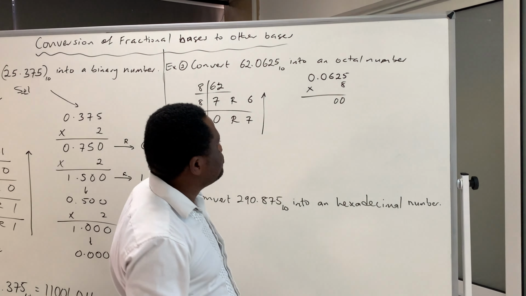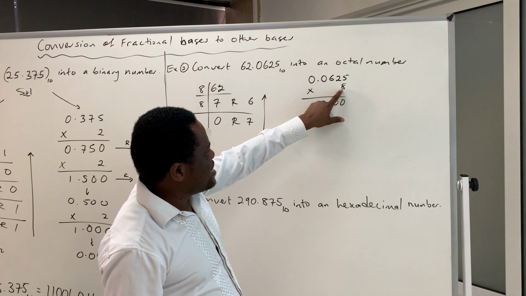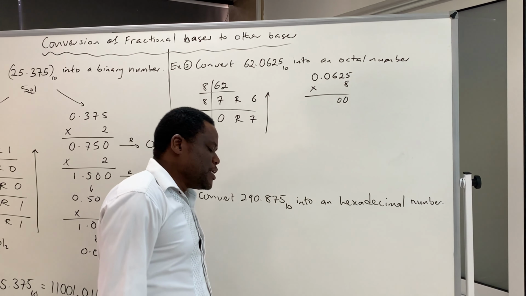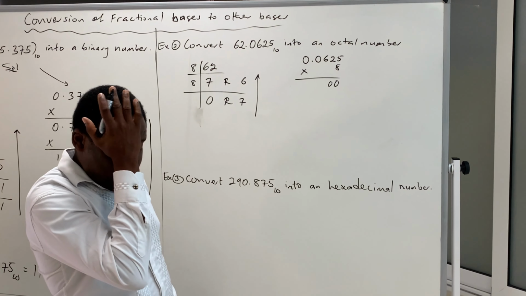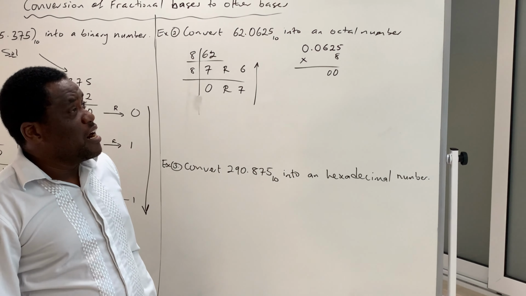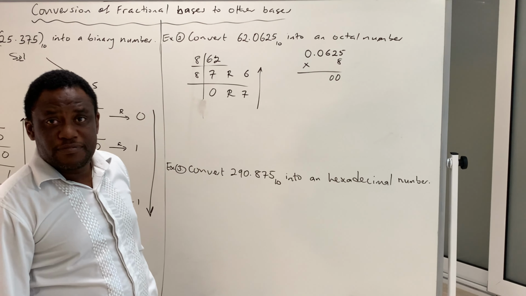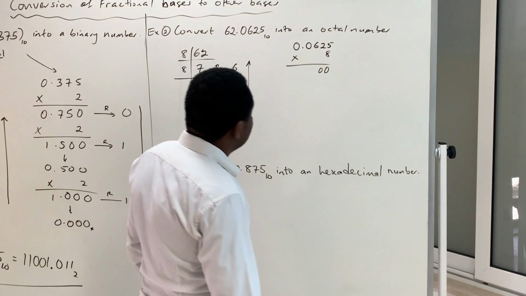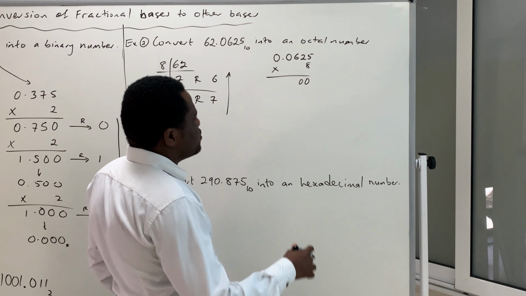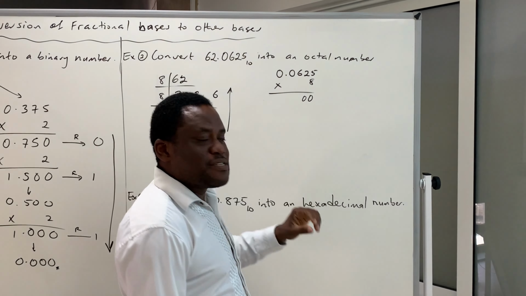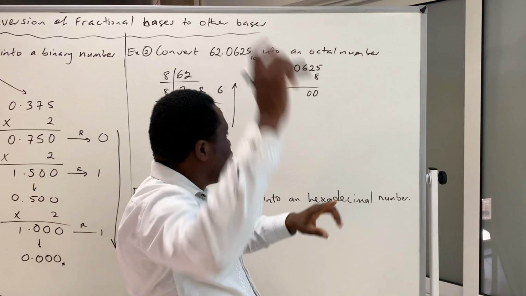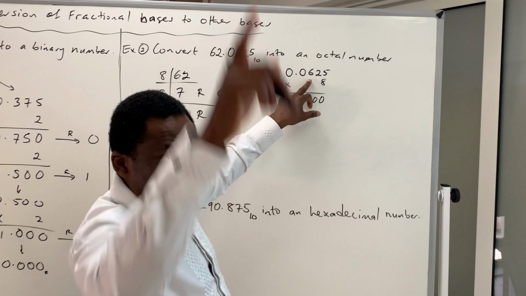We keep 2 now. 8 times 6 is 48 plus 2, 50.